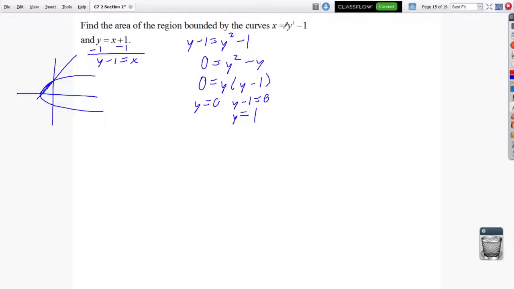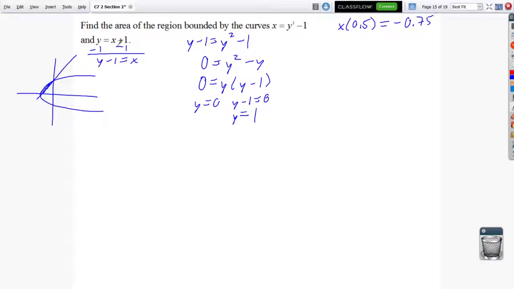One, we can look at the graph and I can see that my linear function is further to the right than my quadratic function. The other way that I can do this, I can find x of some number in between 0 and 1. So x of 0.5 would be 0.5 squared minus 1, so 0.25 minus 1 gives me negative 0.75.